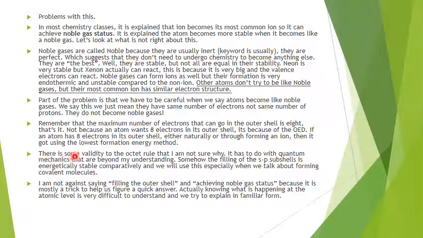Okay, now I just want to make clear that there is some validity in the octet rule. That means putting 8 electrons in the outer shell does stabilize an atom to some degree that I'm not totally sure about. It has something to do with the quantum mechanics that I have above me, okay?